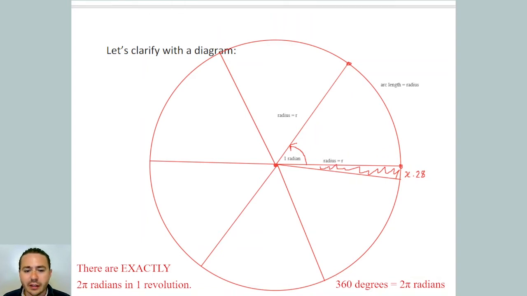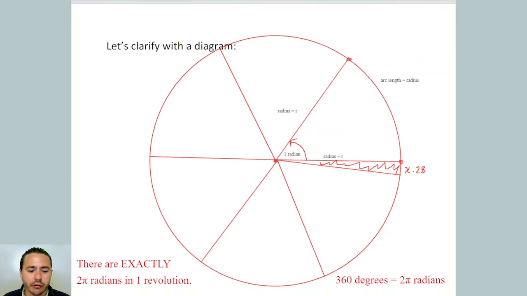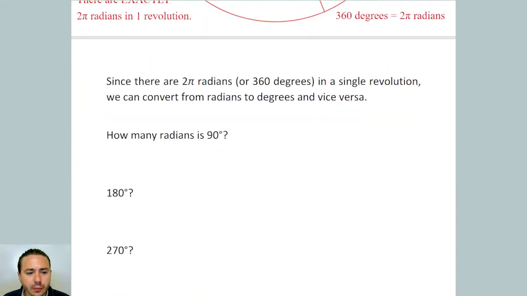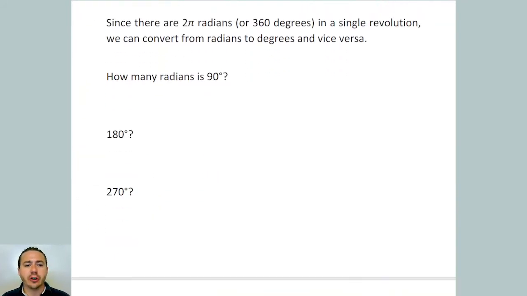So let's get a little bit more detailed about how we're going to convert units. Since we know that there are 2 pi radians in a single revolution, and that's equivalent to 360 degrees, we can use that information to convert back and forth.